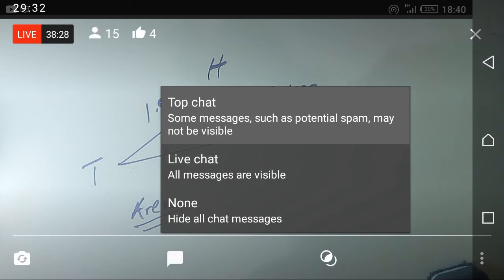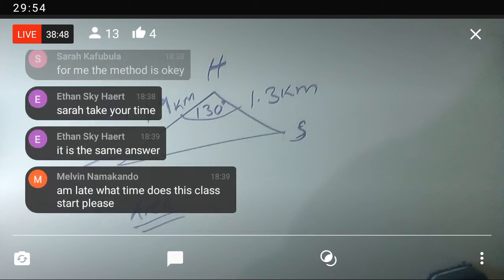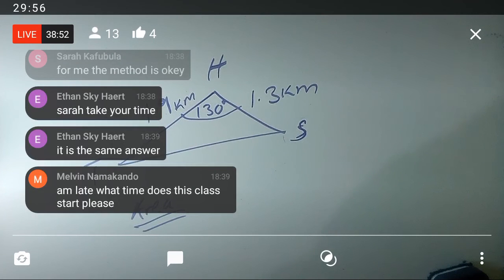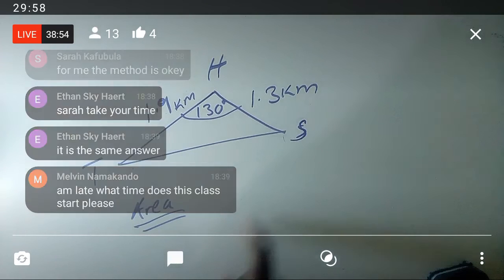What answer are you getting? Can I see your answer? Try to find the area of this triangle and tell me the answer that you're getting.